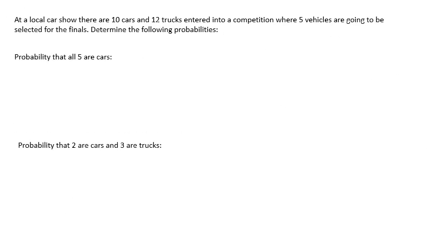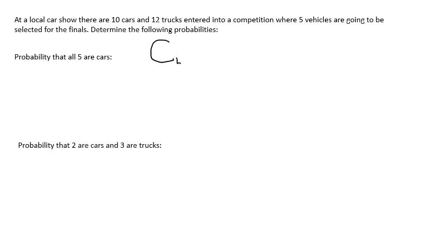Okay, let's look at this particular problem. We're at a car show. There are 10 cars, 12 trucks, and we're entering into a competition where 5 vehicles are going to be selected for the finals. We want to determine the following probability. The probability that we pick 5 cars. The probability we pick 5 cars is the number of ways we can pick 5 cars.